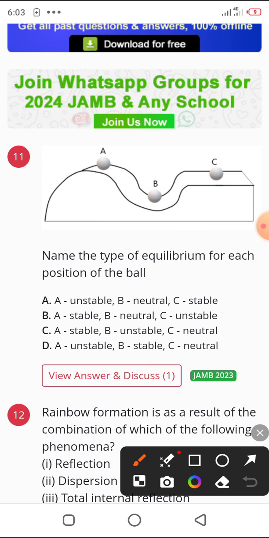It must either go in this direction or in this direction. It cannot stay because if you look at the point, it's like a curve, and a ball cannot stay on a curve. It will slip. It will either go in this direction or in this direction. So position A is unstable.